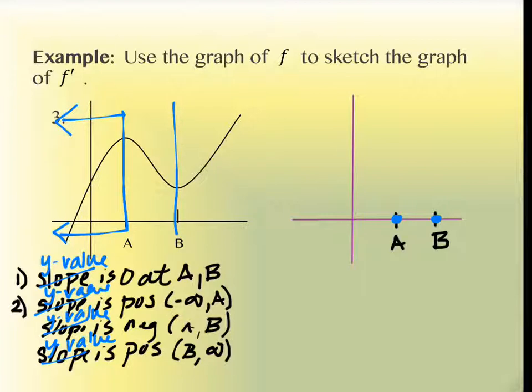So before the value of a, I need to be above the axis. This is a sketch. Does it look straight? Does it look curved? We don't really have a way of describing that exactly at the moment. But we do need to make sure it crosses the x-axis, because the original graph did.